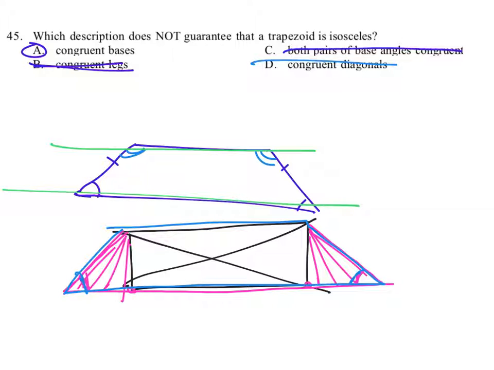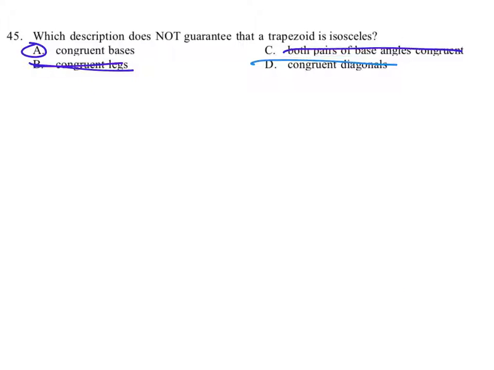And what's really going on here with this last one, let me get all the rest of this out of here. So remember, the bases are the top and the bottom sides that are parallel to each other, yeah?